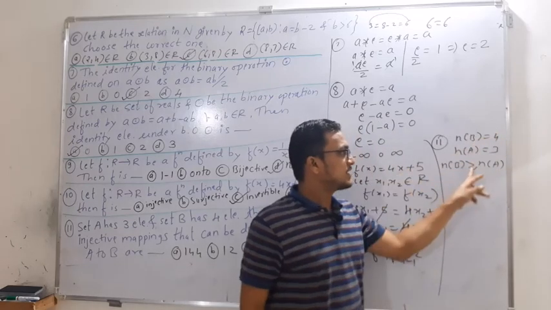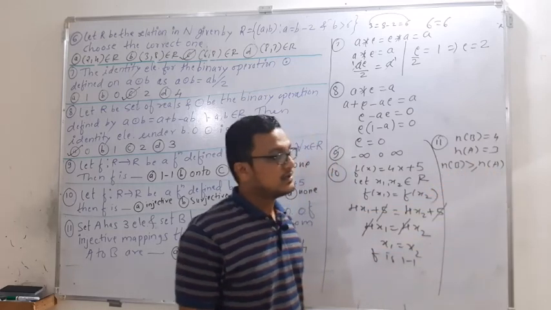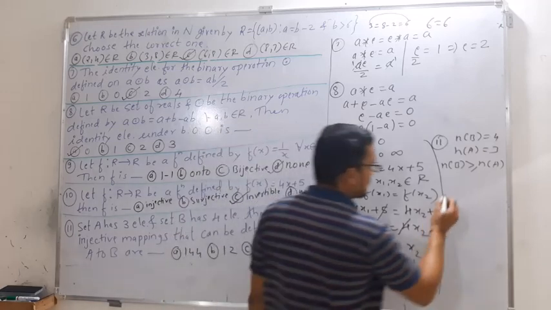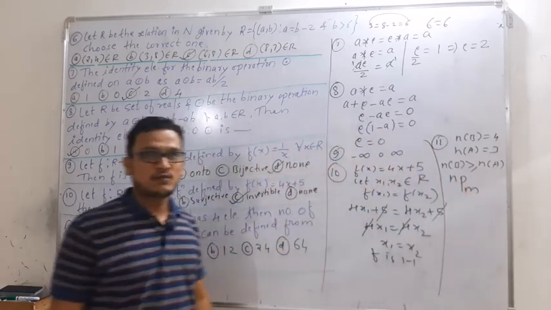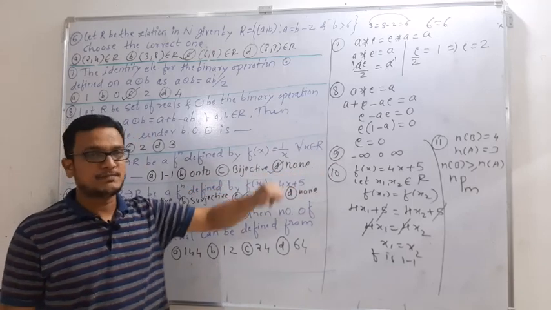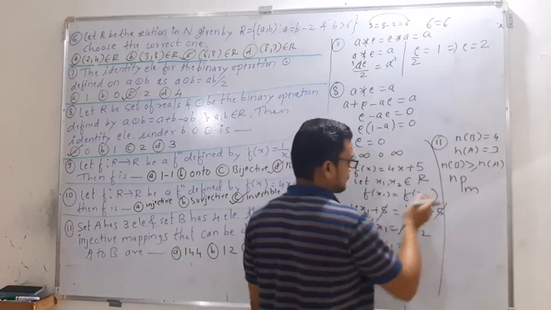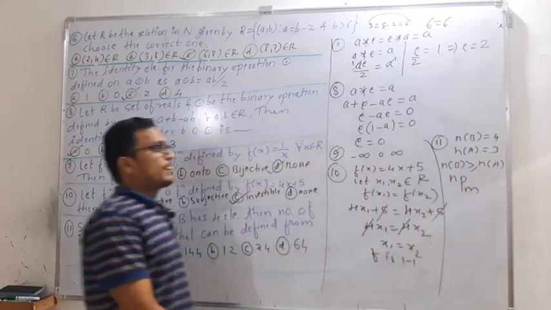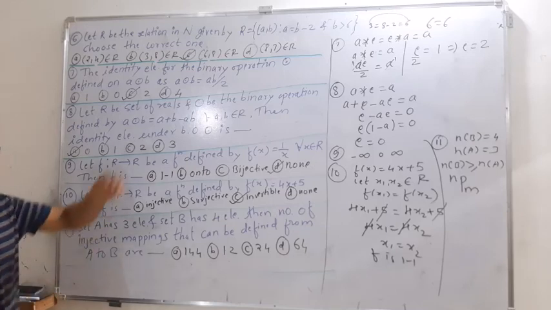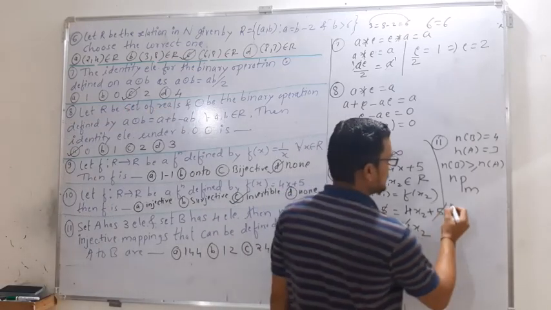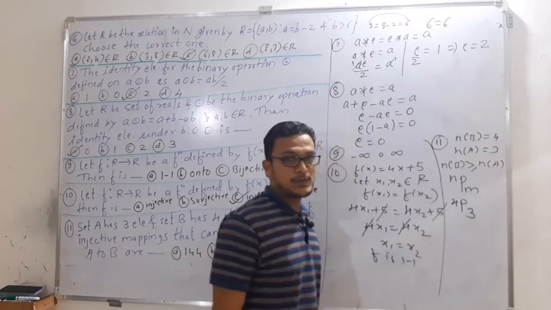Here n of B is greater than n of A. So if n of B is greater than or equal to n of A, then the number of 1-1 functions are, okay, what is the result? nPm. Number of 1-1 functions are nPm, permutation. What is n here? So here nPm. Therefore n we have to take as the bigger value, that of B. So it is 4P3.